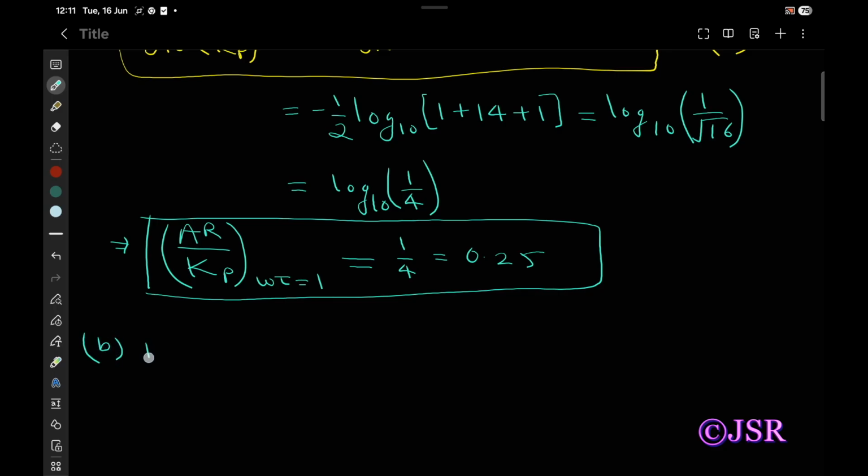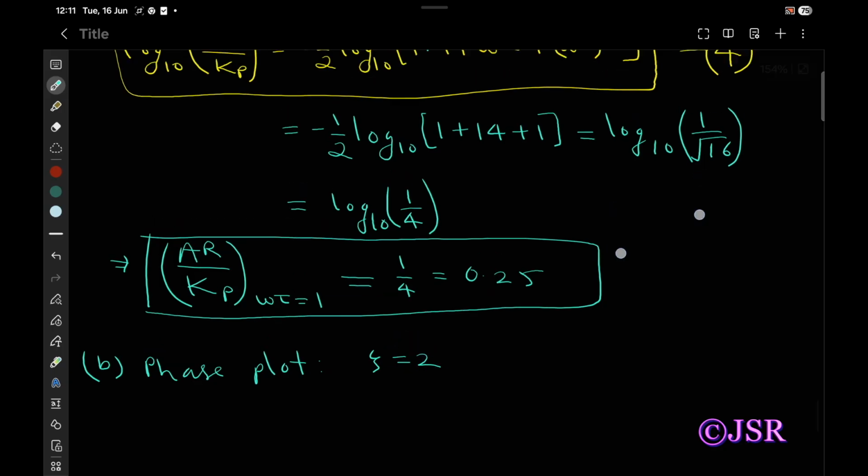So now for the phase plot, when zeta equal to 2.